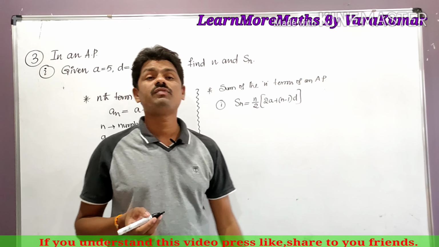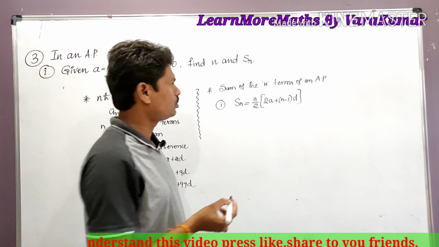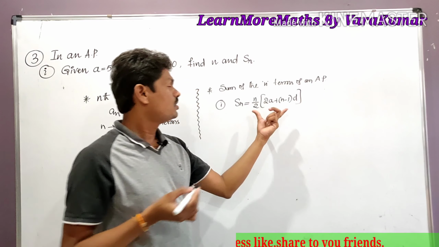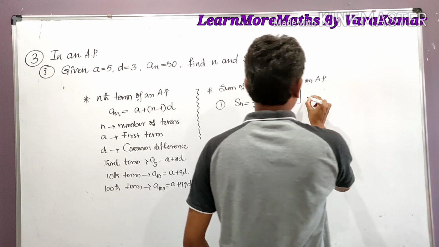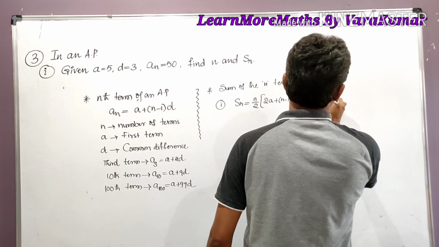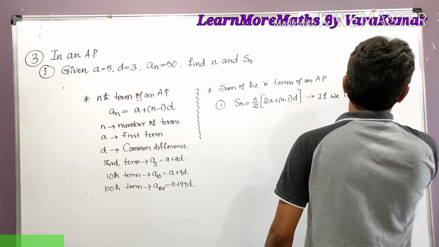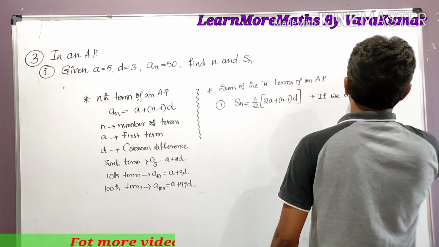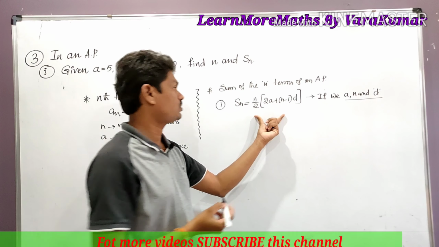Sum of the n terms of an AP, Sn is equal to n by 2 into 2a plus n minus 1 into d. If we know a, n and d values, we have to use this formula, student.